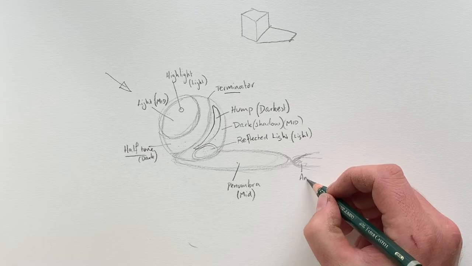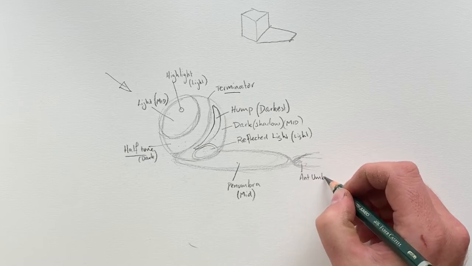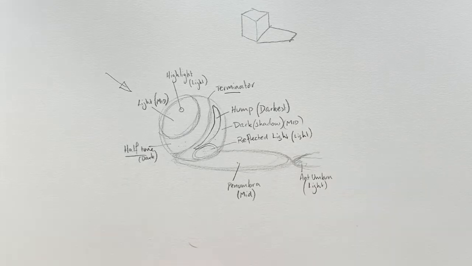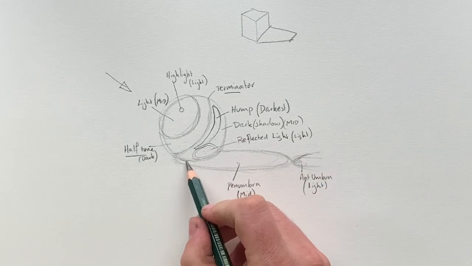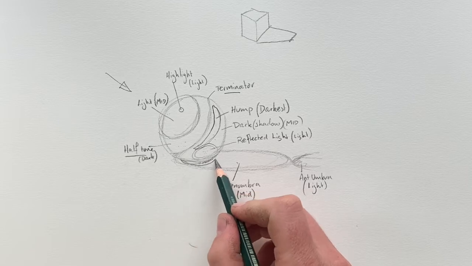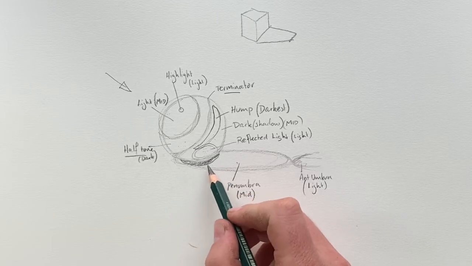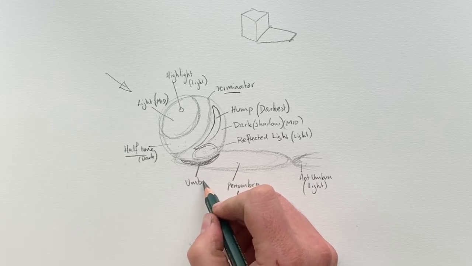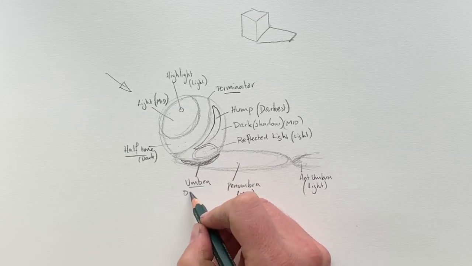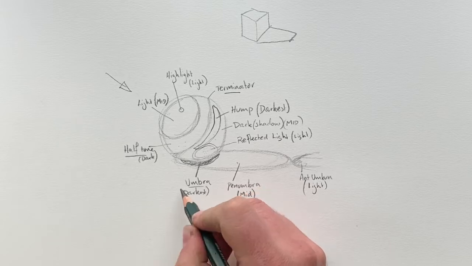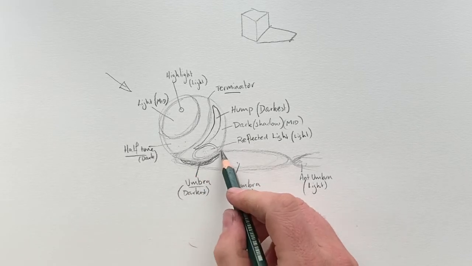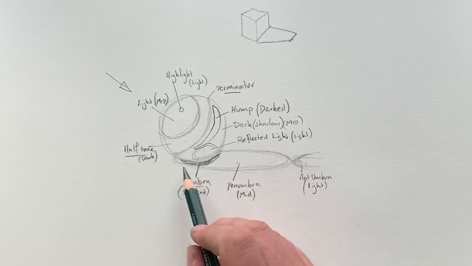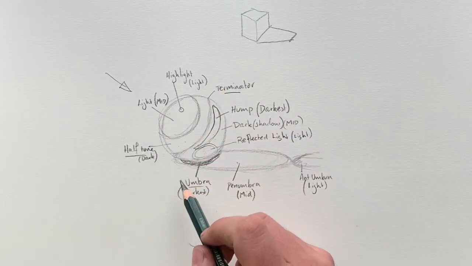That's called an antumbra, but you don't see that one very often. And the last part is a dark area down in here, and that is the umbra, which will be the darkest tone in the whole.